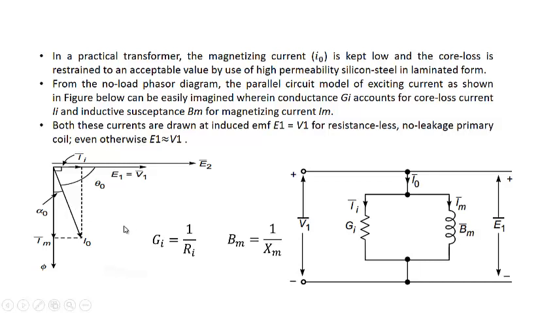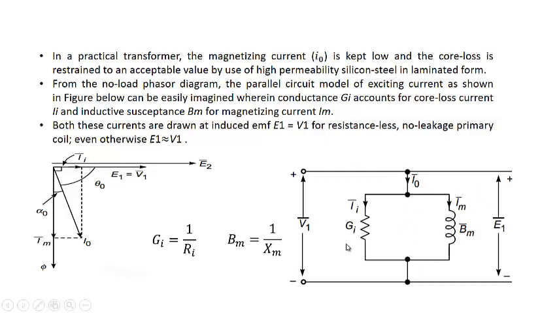Now from this no load phasor diagram, we can determine its no load circuit. So the parallel circuit model of this exciting current is as shown in this figure.